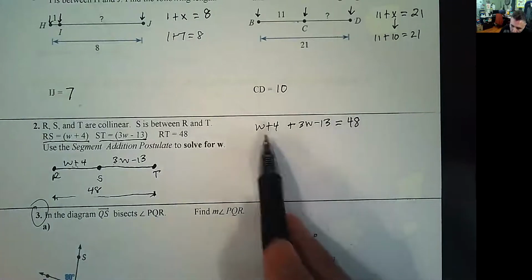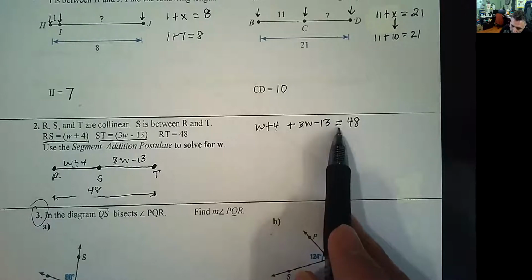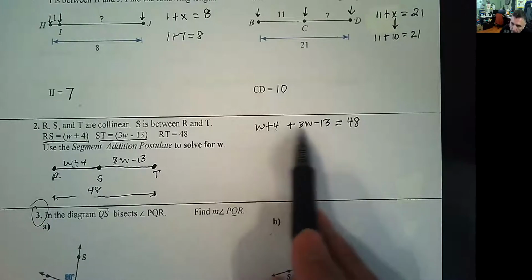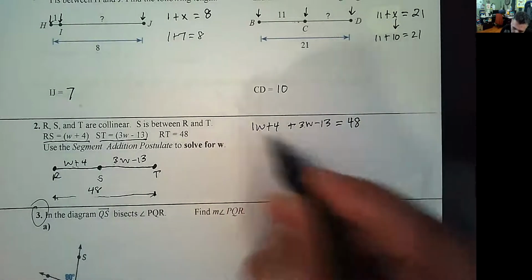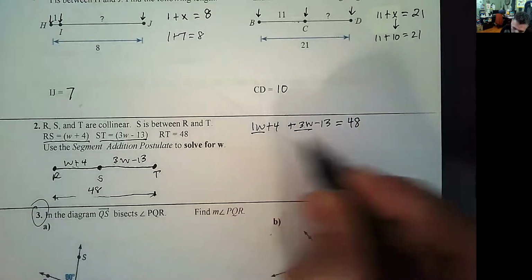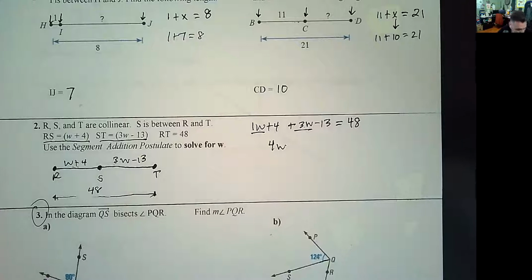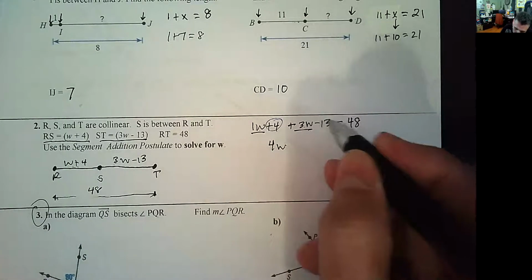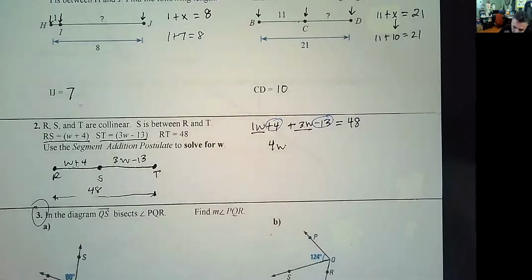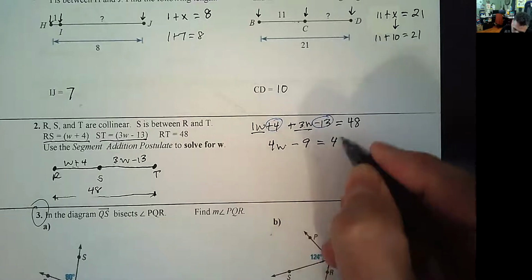Now remember, whenever the variables are on the same side of the equal sign, all we're doing is combining like terms, simplifying. So we use the rules of simplifying. This is technically 1W, so 1W and 3W, that makes 4W. And then the next thing we have is the numbers, or the constants. 4 minus 13 ends up being -9.